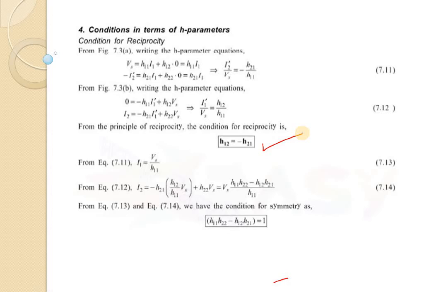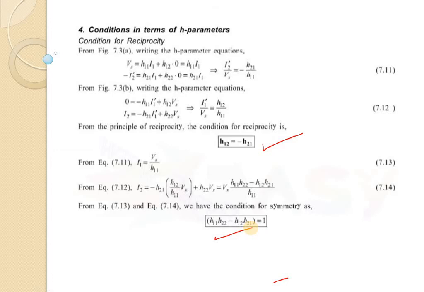In a similar way, we have done the calculation for symmetry also, and we have got that the condition for symmetry is H11 into H22 minus H12 into H21 equals 1, for hybrid parameters or H parameters.